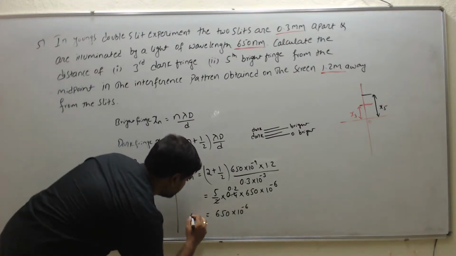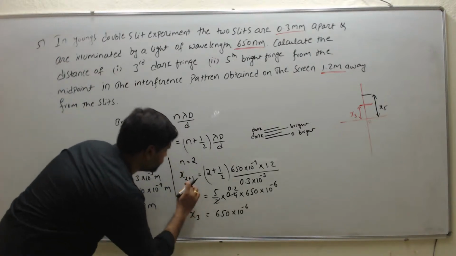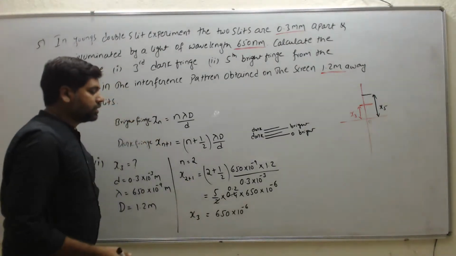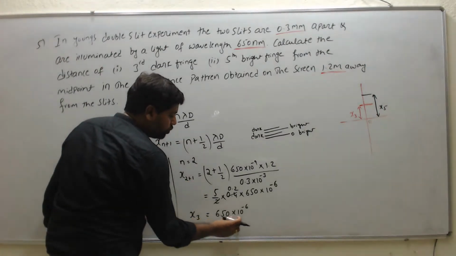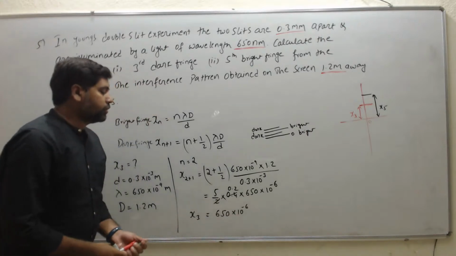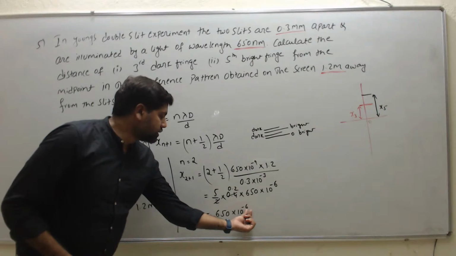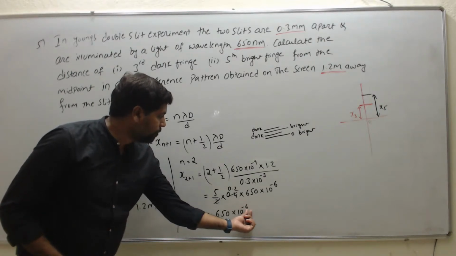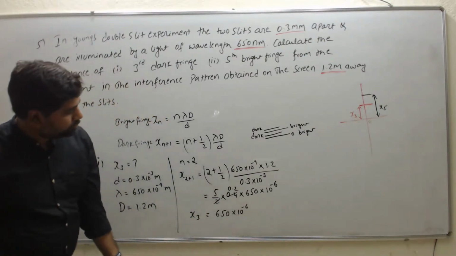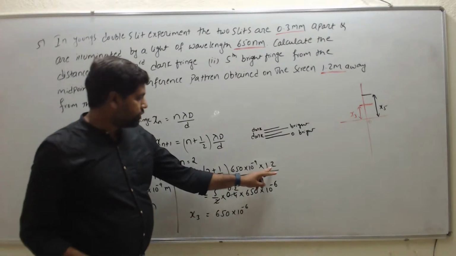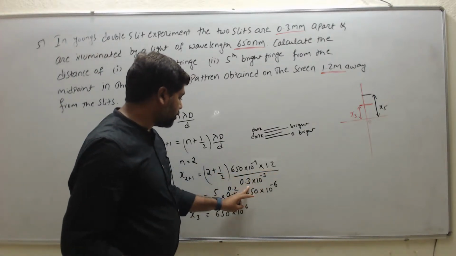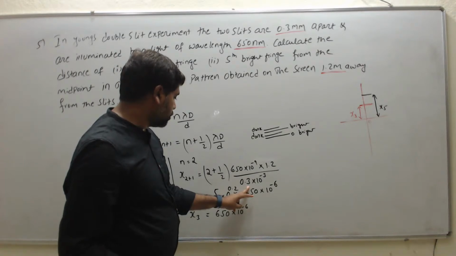Here it is x3, that is 2 plus 1, we get x3. If we shift further 2 or 3 digits, then it is 10 to the power of minus 6.